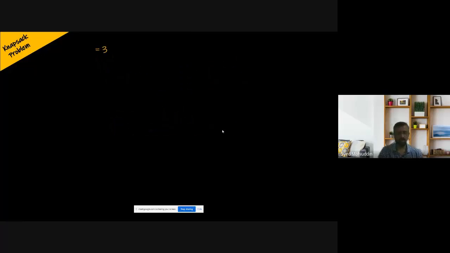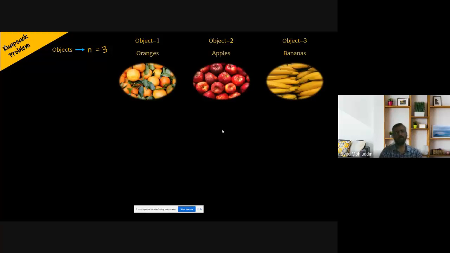Now actually, in the knapsack problem, we have n number of objects. Let us consider we have 3 objects as an example: object 1, object 2, object 3. Let's say object 1 is oranges, object 2 is apples, object 3 is bananas.